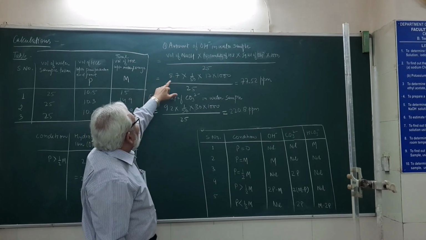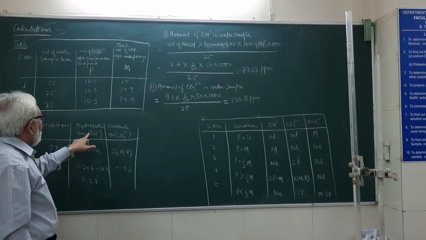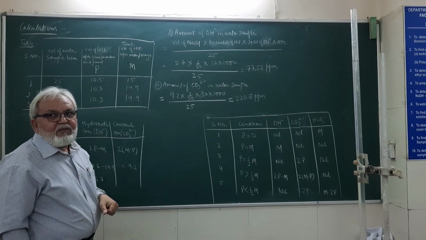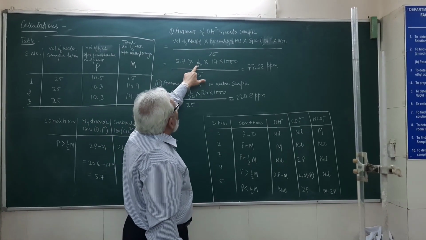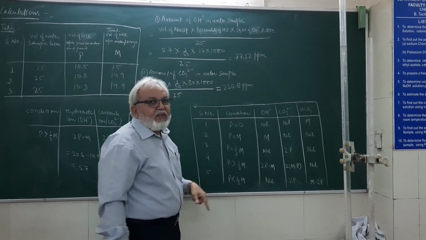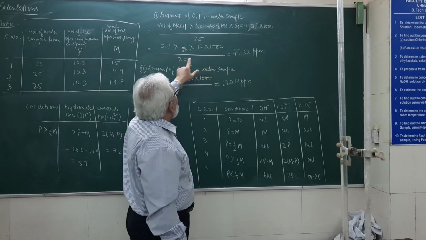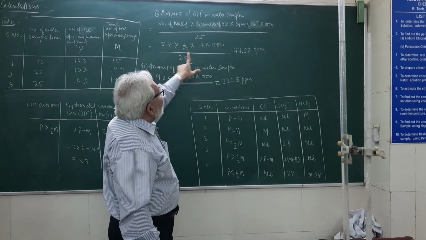So 5.7 is the volume of HCl consumed for the neutralization of hydroxide, multiplied by the normality, which is 1 by 50, multiplied by the equivalent weight of hydroxide, which is 17, multiplied by 1000 divided by 25.